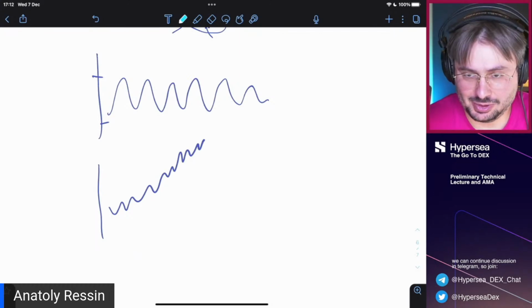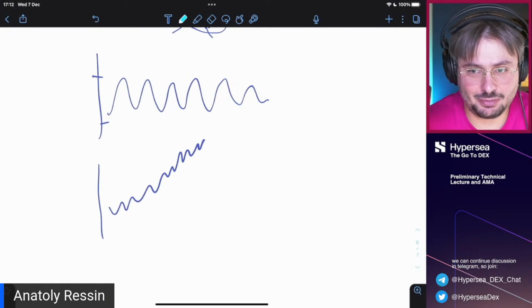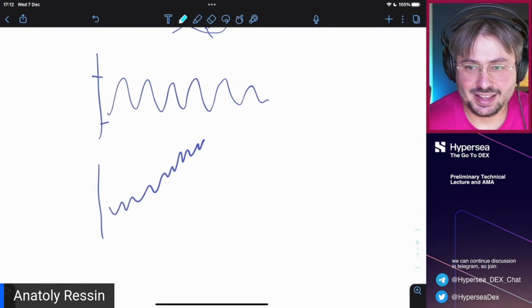And it means that if price is changing, then impermanent loss will not be impermanent.